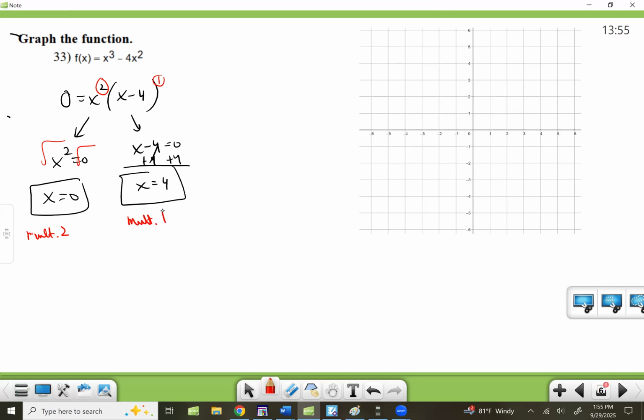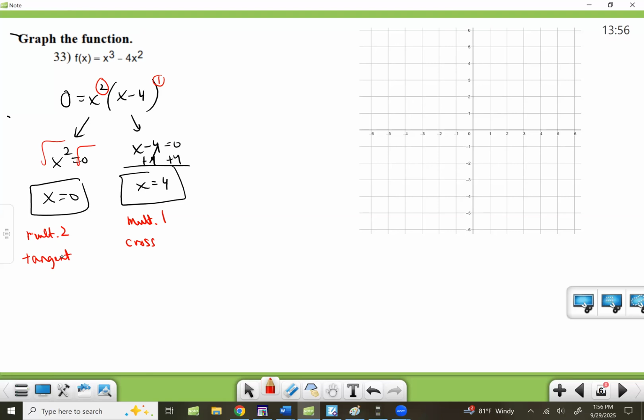And remember, why we care is because the graph is going to behave differently. It's just going to cross through when it's a 1 for its multiplicity, or any odd multiplicity. But it's going to be tangent or a touch point, whatever your textbook says, whenever you have an even multiplicity. I prefer the language tangent. So it won't cross. Or they call it a bounce point in some books, but we'll use the word tangent.